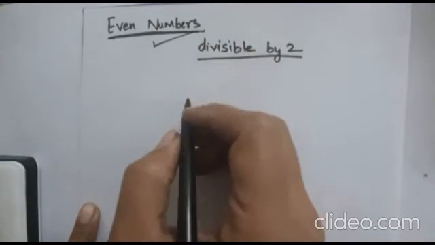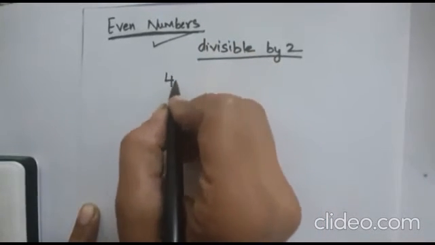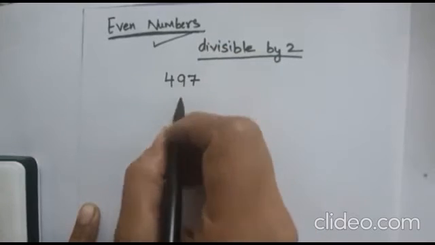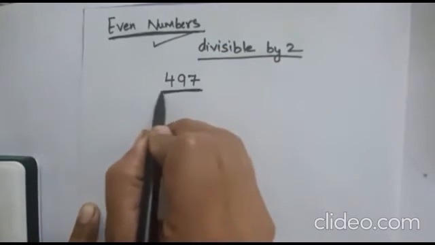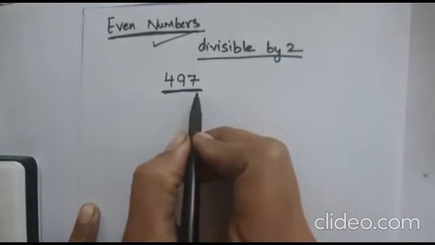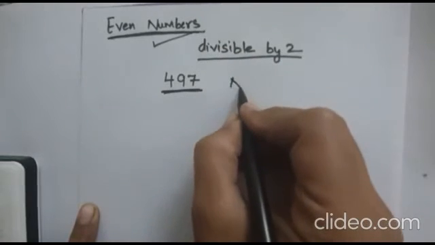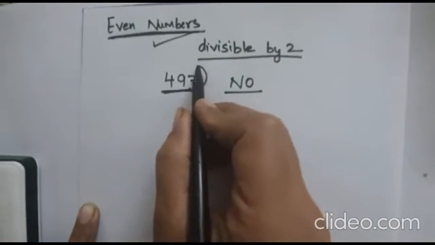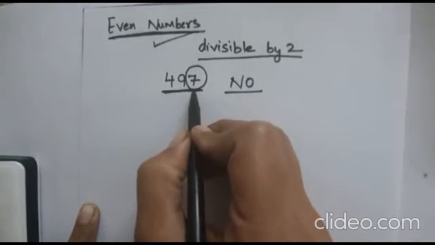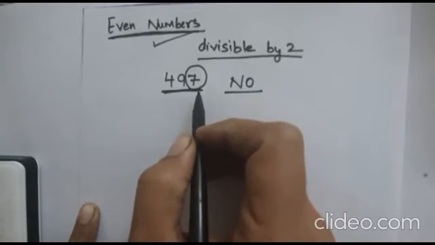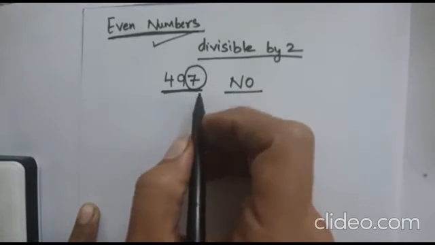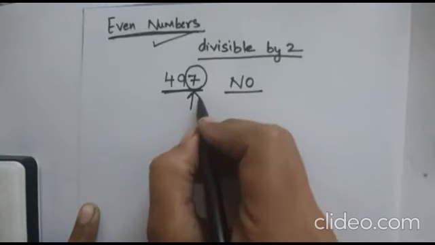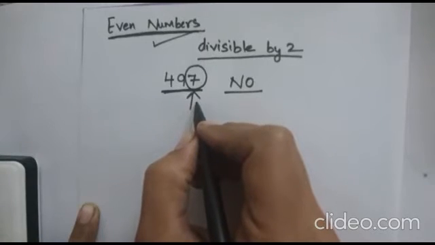Let us take an example. Now, is this number even or not? No. Why? Because this is not divisible by 2. Why is this not divisible by 2? Because the last digit is 7. So now it is clear.